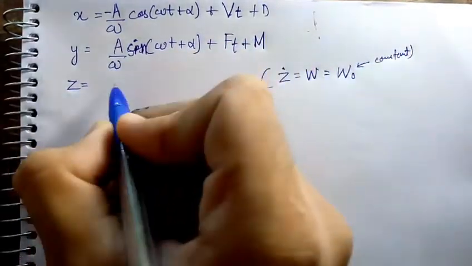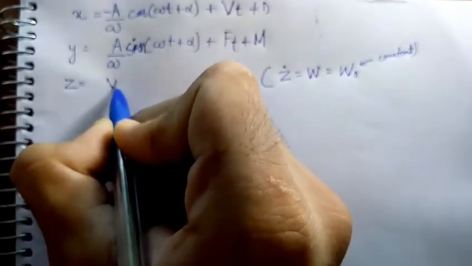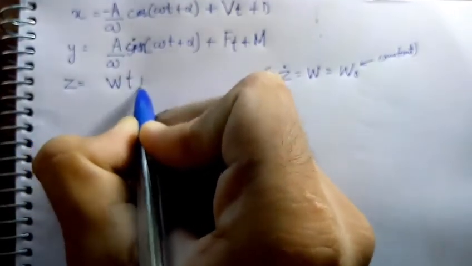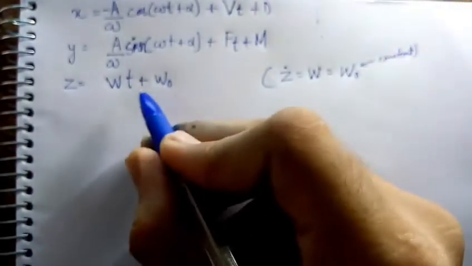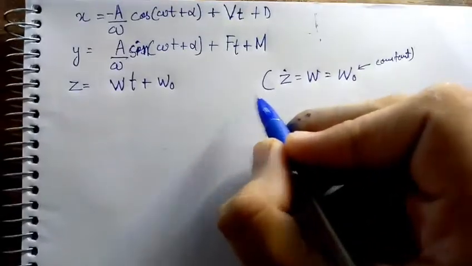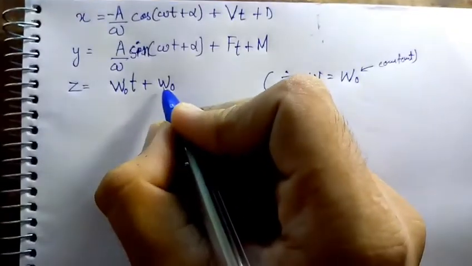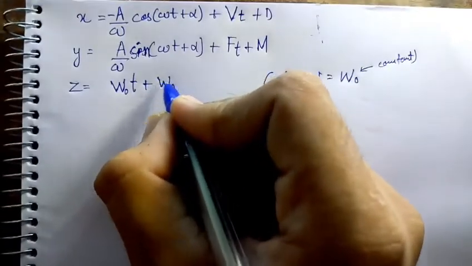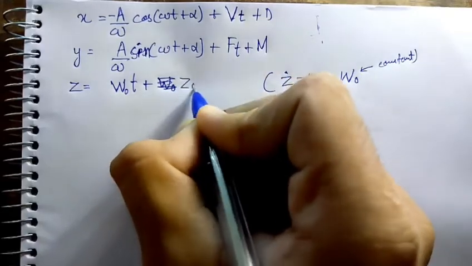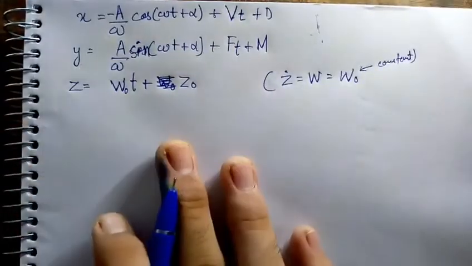Z can be represented as this. Taking the differentiation, we get the same thing. Not w naught, it is going to be a z naught. We have got all things sorted out.